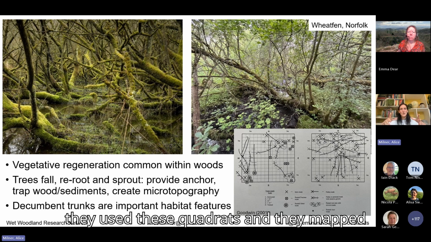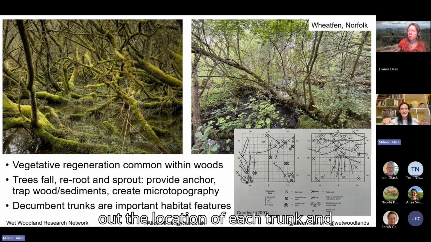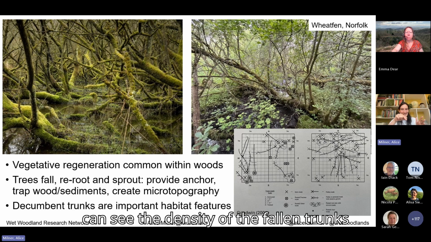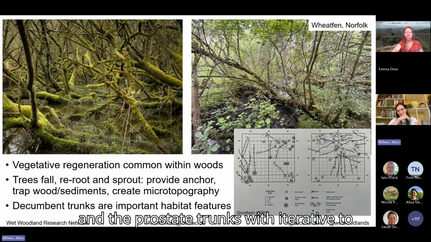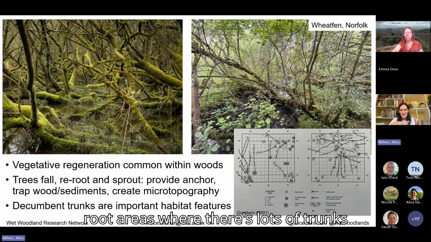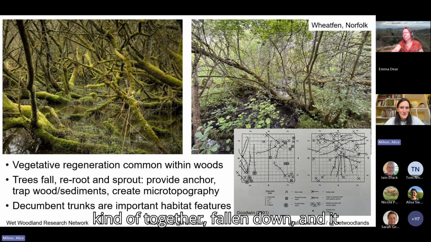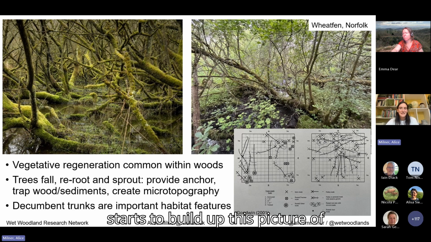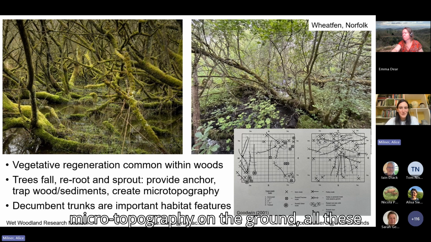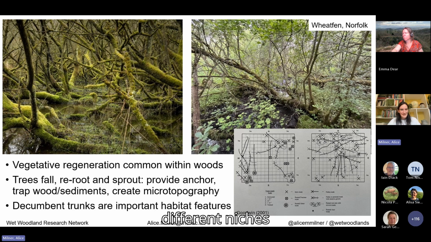They used quadrats and mapped out the location of each trunk and created these little diagrams where you can see the density of the fallen trunks and the prostrate trunks with iterative growth coming up from them, these raised root areas where there are lots of trunks together fallen down, and it starts to build up this picture of complex tree growth and well-developed microtopography on the ground, all these different niches and microhabitat features.